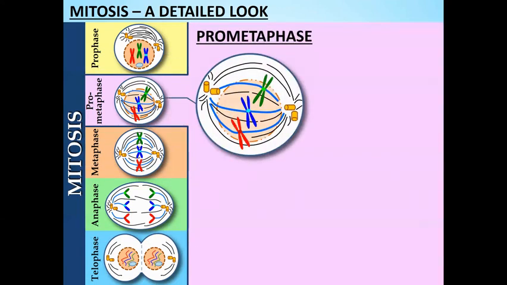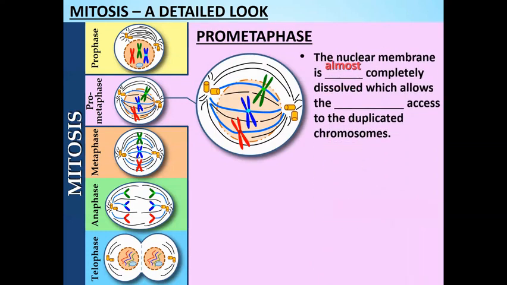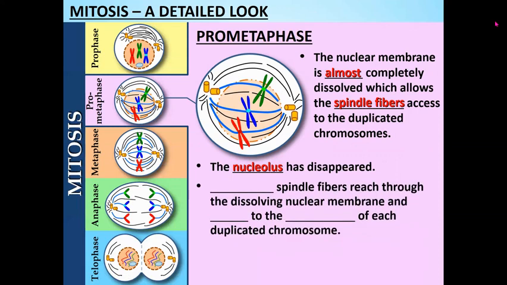This is the next stage, the prometaphase. The nuclear membrane is almost completely dissolved, which allows the spindle fibers access to the duplicated chromosomes. And the nucleus has disappeared.